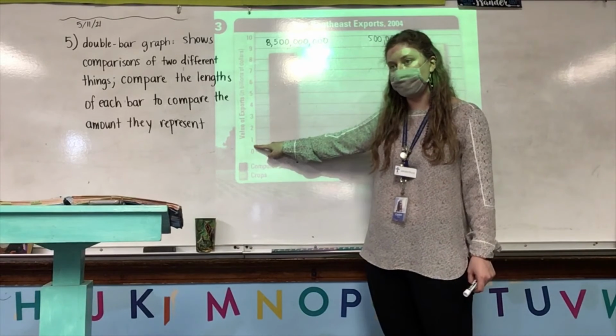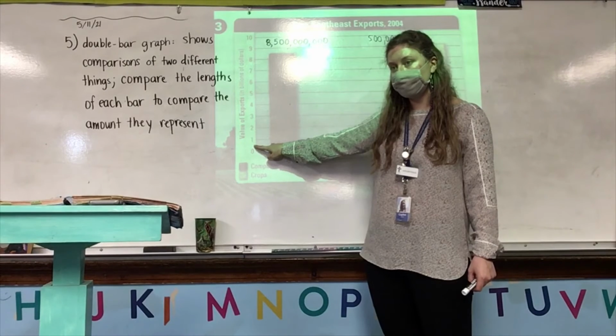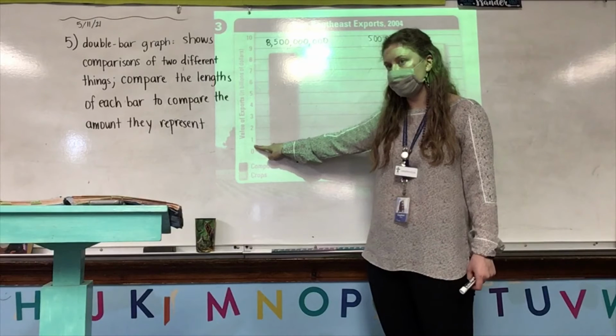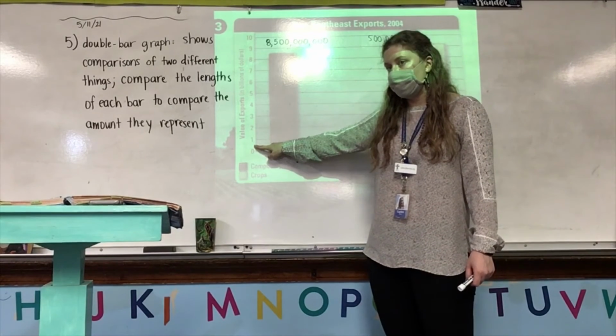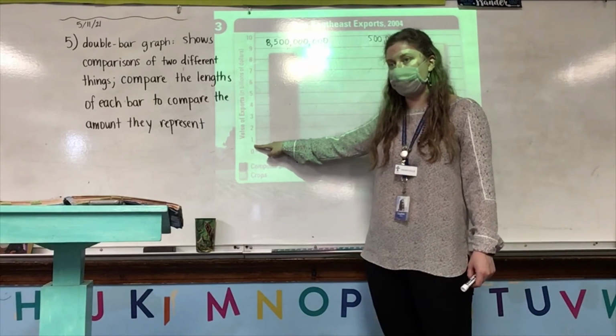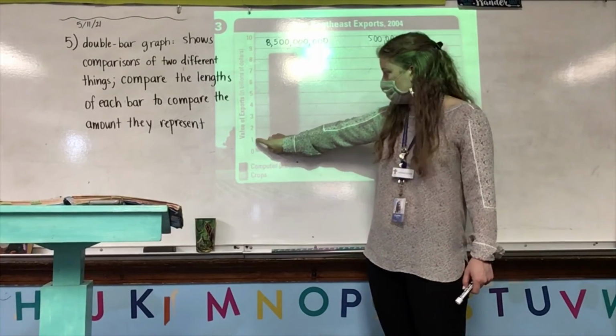And about how much is that? Where would you say it is on that bar? About 50. Is it about in the middle, towards the top, towards the bottom? About in the middle. So remember, this is how we write that.